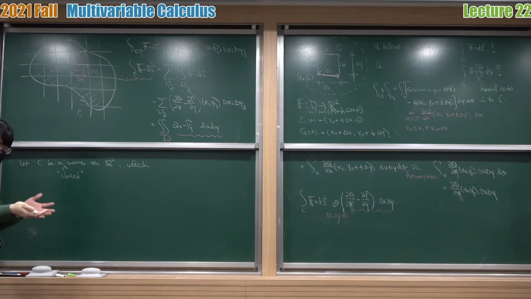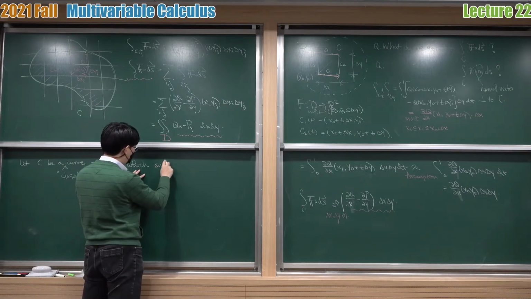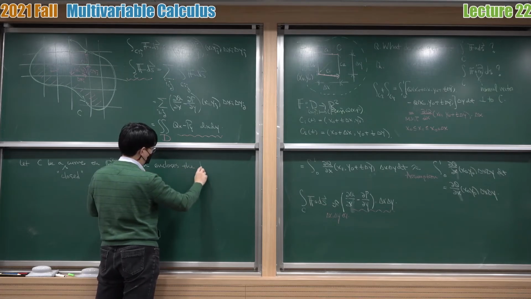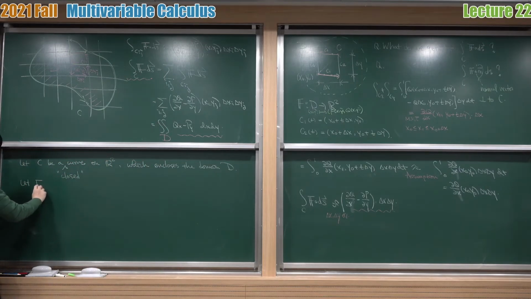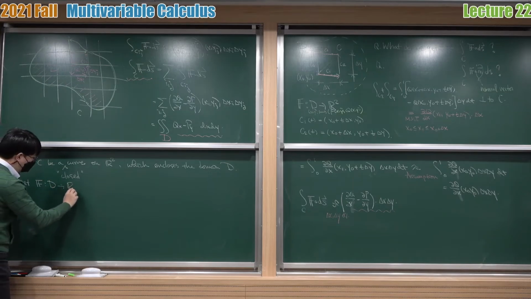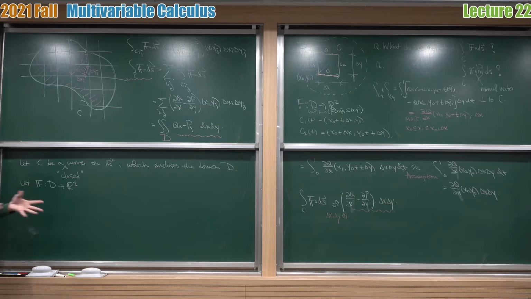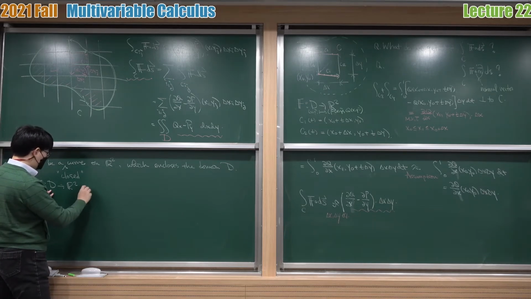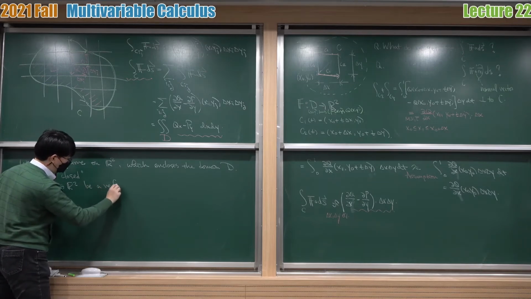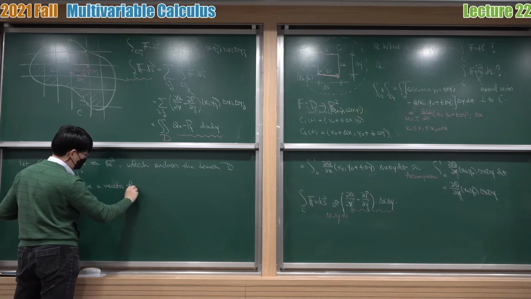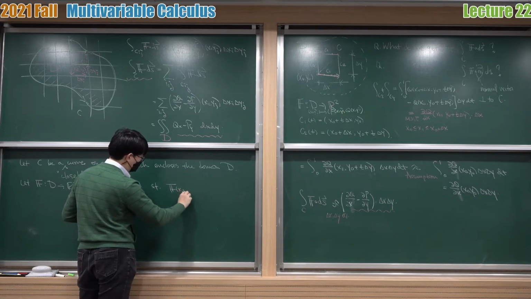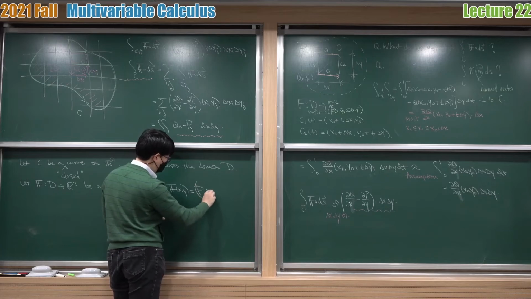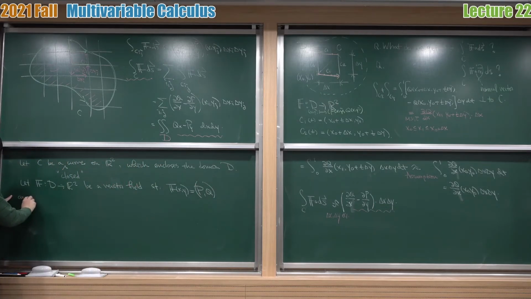Closed means we have a starting point the same as the end point, which encloses the domain D. Let F be a vector field defined on the entire D, such that F(x, y) is (p, q).